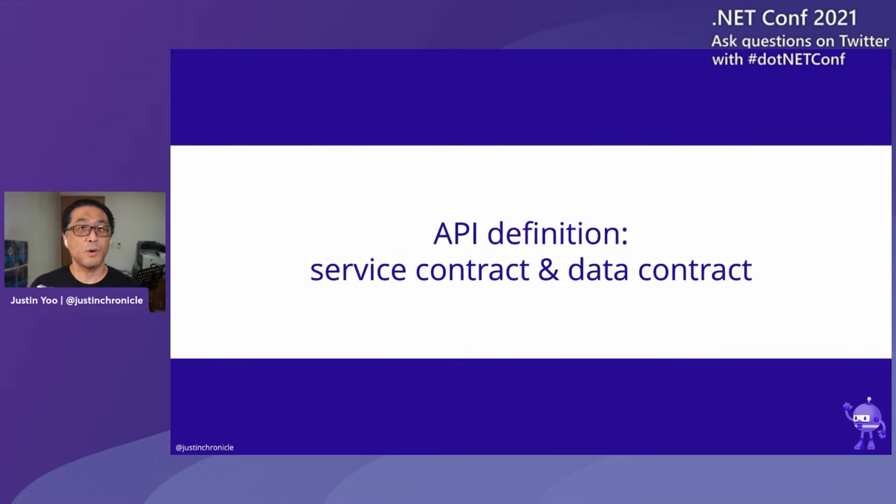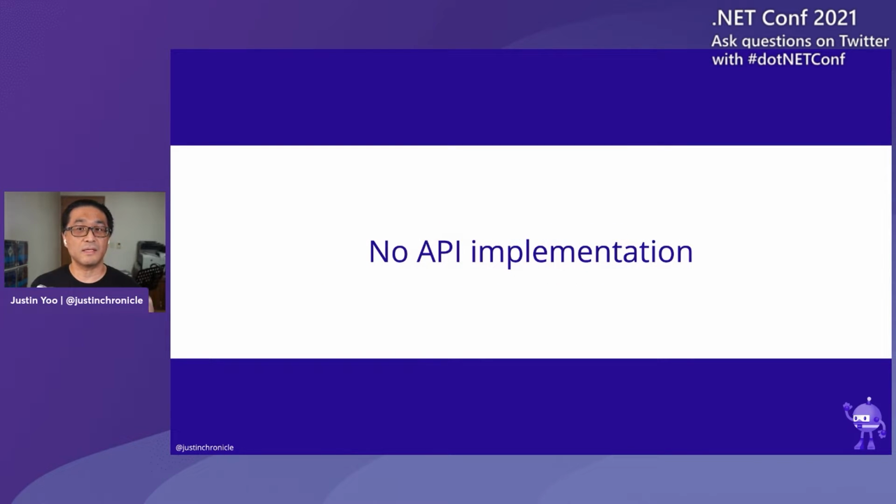In other words, OpenAPI describes the service contract, how the API operates, and the data contract, what the API exchanges. And of course, it's just a document and a specification. Therefore, OpenAPI itself has no idea how these APIs are implemented inside.